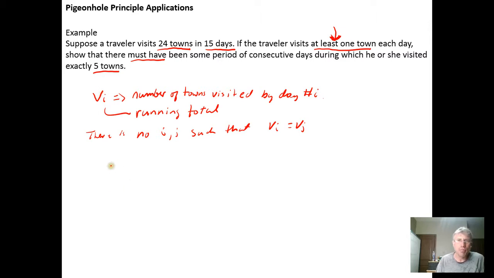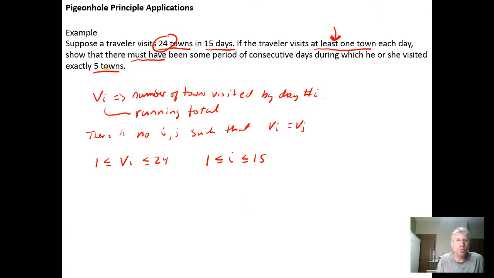So v sub i, the total number of towns I visited up to the ith day, has to be a number that runs between 1 and 24, because I'm going to visit a total of 24 towns. And because i represents the days traveled, i runs from 1 to 15. 15 days is my travel period.